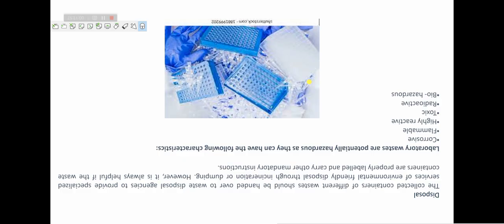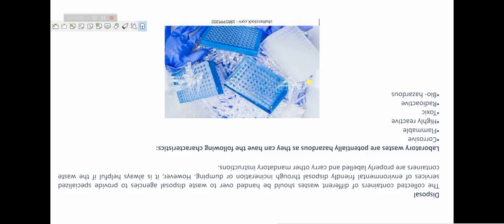If it is wet, there will be a different disposal. If it is dry, there will be a different one. If it is something toxic, there will be a different type of disposal. And anything which can do harm, like needles which can cut our hands, will have a different disposal.